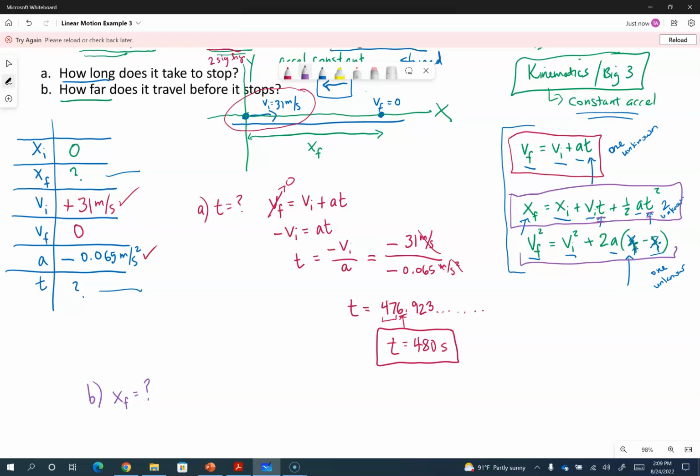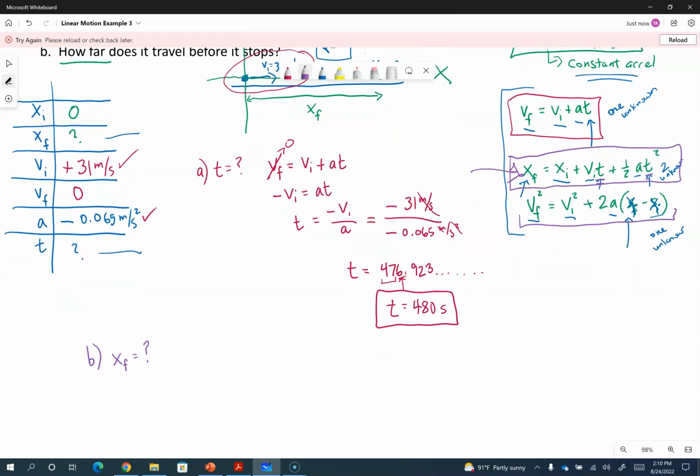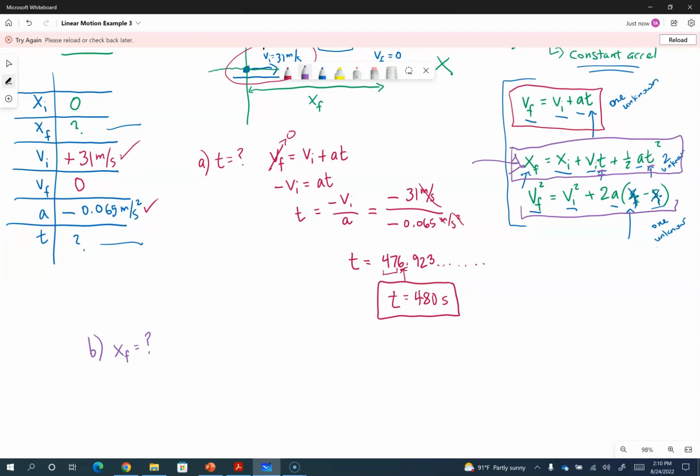Now that we know time, the middle one looks a little better because it's already solved for X final. But there would be nothing wrong with using the third one. But I'm going to go ahead and use that middle equation simply because we have all the information we need.